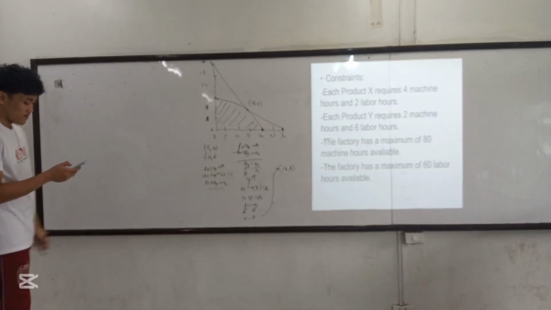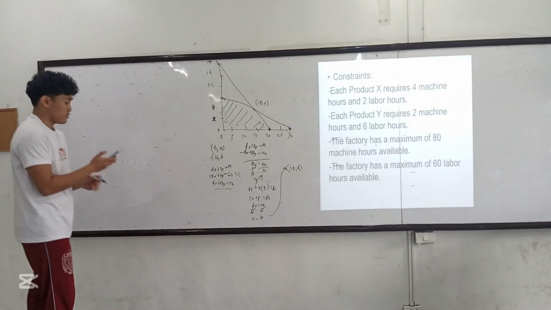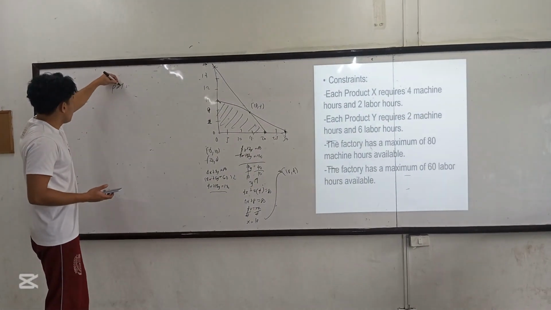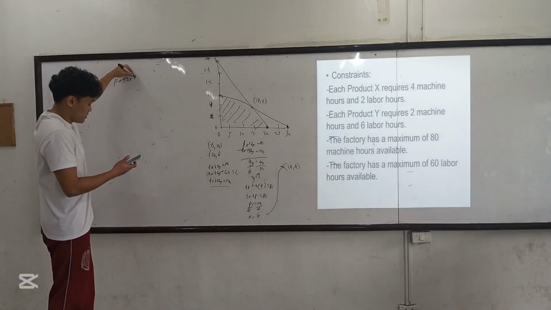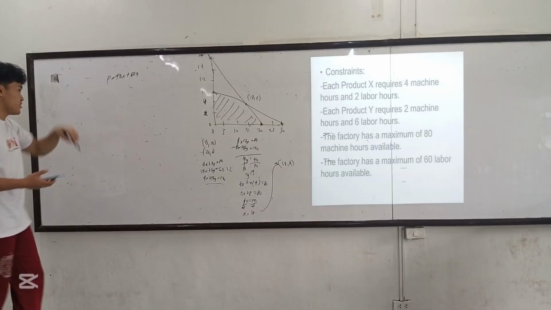Then we must calculate the profit at each point, using the profit equation 40x plus 60y.